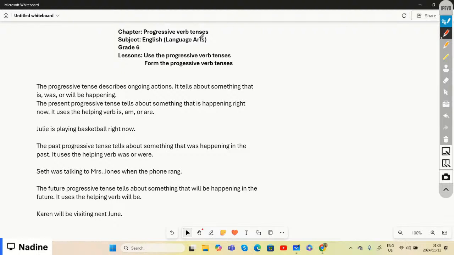All right. So the progressive tense describes ongoing action, whether it is in the present, in the past, or in the future. That is the progressive verb tense.